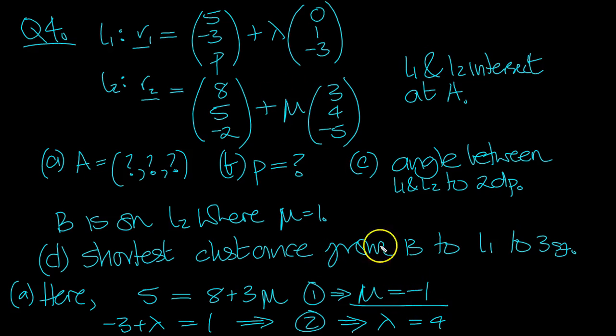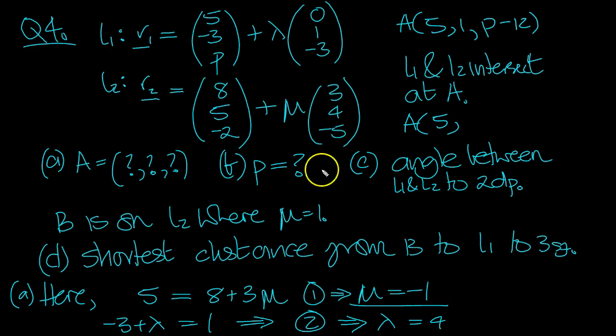When lambda is 4, A corresponds to 5, 1, and P minus 12. And for line 2, A would be 5, because mu is minus 1, and then 1, and then minus 2 minus 1, you get 3.